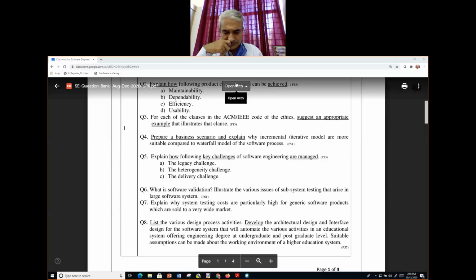What example will you give? Then client and employer: software engineers shall act in a manner that is in the best interest of the client and employer, consistent with the public interest. So what is the example? Please work out the example. If you simply write it back, you will get 30% of the marks.